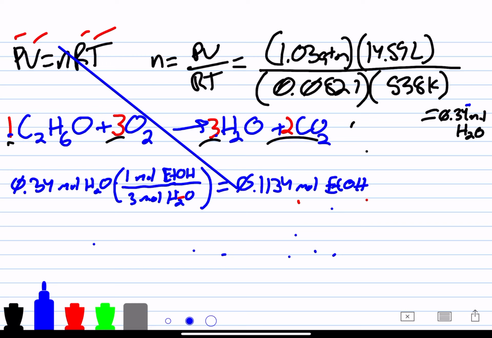Okay, so now that we know how many moles we have, we can find out how many grams we have. And because we are given the density in this problem, we're able to find out the milliliters.